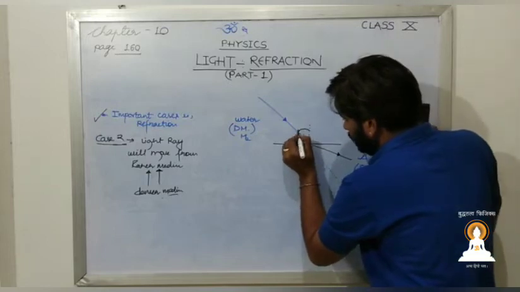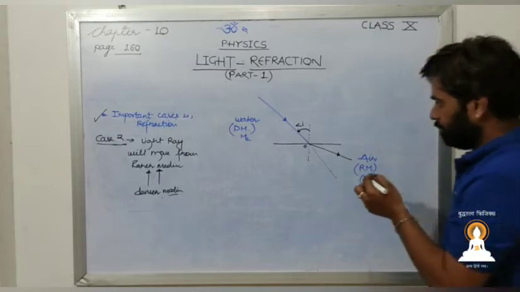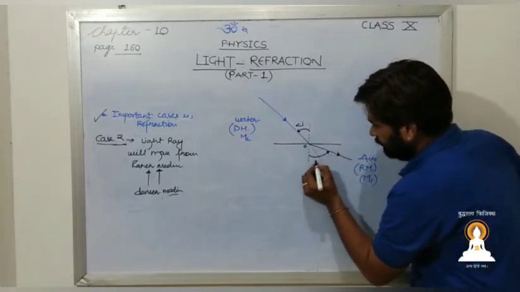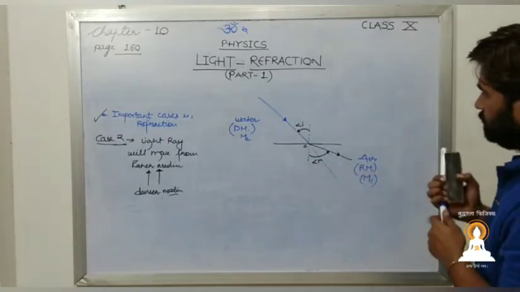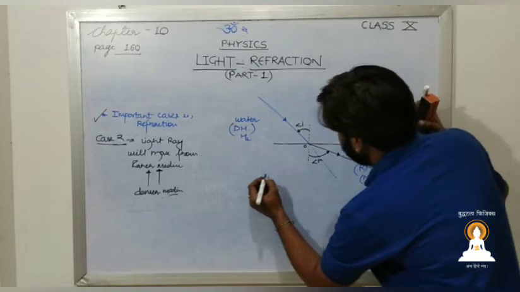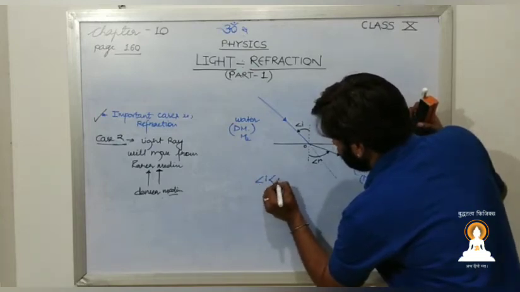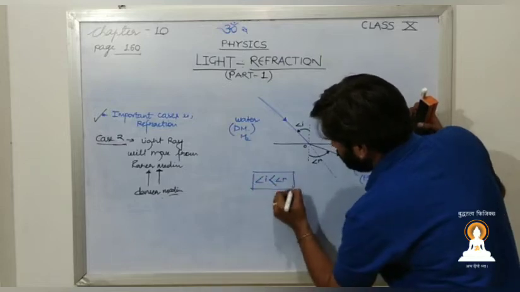Suppose this is the angle of incidence. Are you getting this? Then this will be the angle of refraction, that is angle R. Now you yourself can do this. Here we used to see that angle I is less than angle R. Yes, this is the mathematical form.